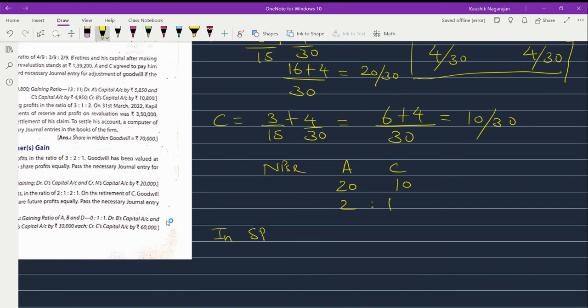In special case problems, your NPSR will not be equal to, or will never be equal to, your gaining ratio. Both will be different. Okay, they are different.